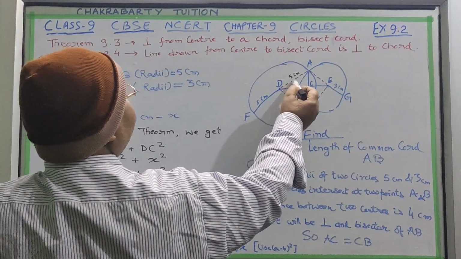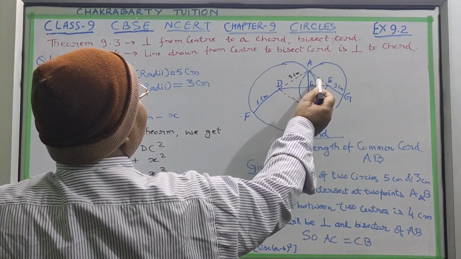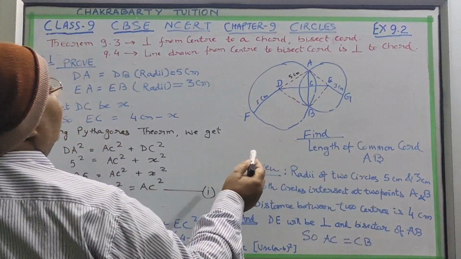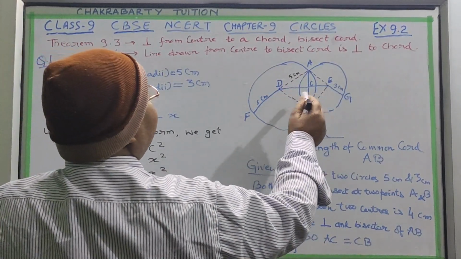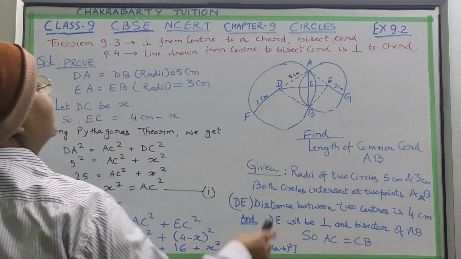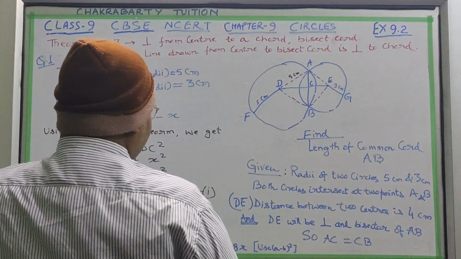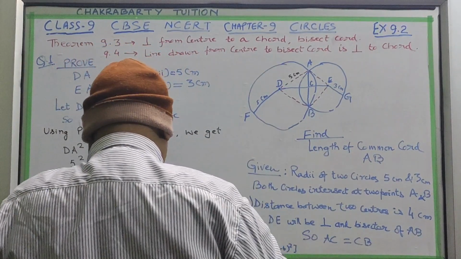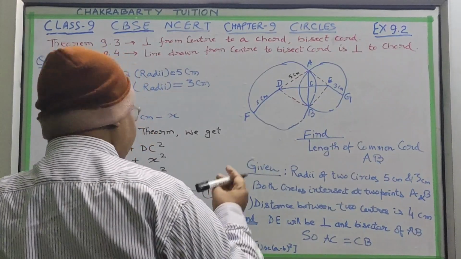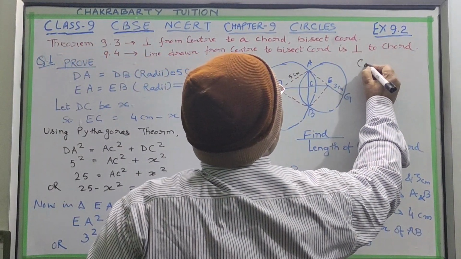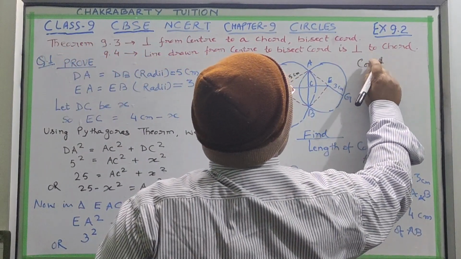Now in this triangle, first we are discussing this triangle and then we will discuss this triangle. So by this red we have made a construction. Constructions means join here. Construction also you have to write. In the questions you have to write constructions also.